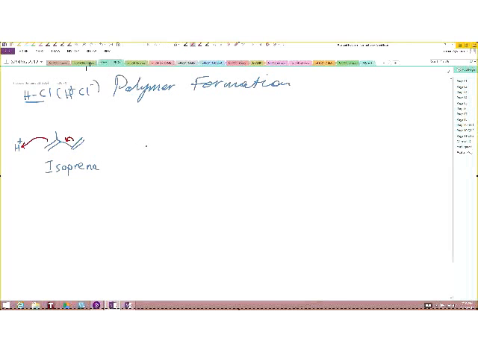And what do we get? Now get this. From that, now what happens if another molecule, let me number this to make it easy for you. Let us call this carbon 1 right here, carbon 2, carbon 3, and carbon 4.